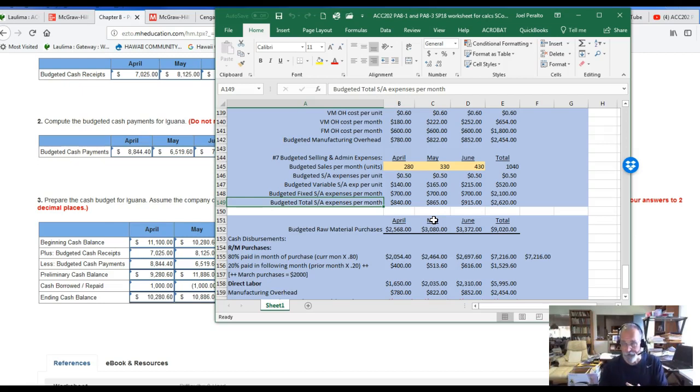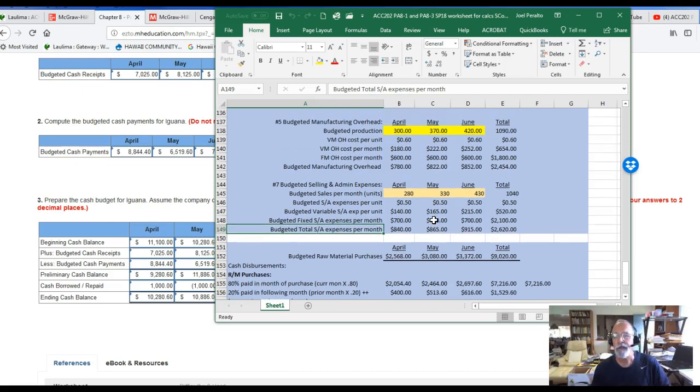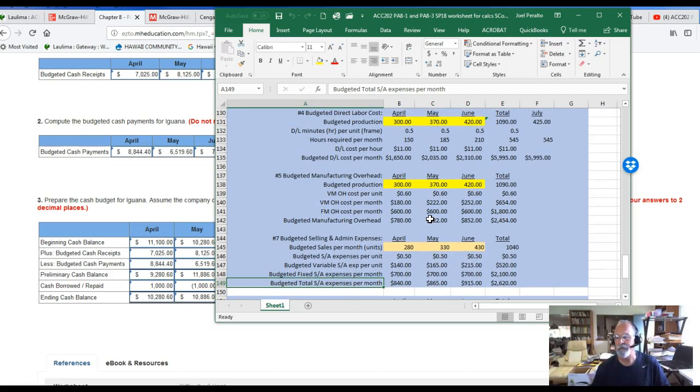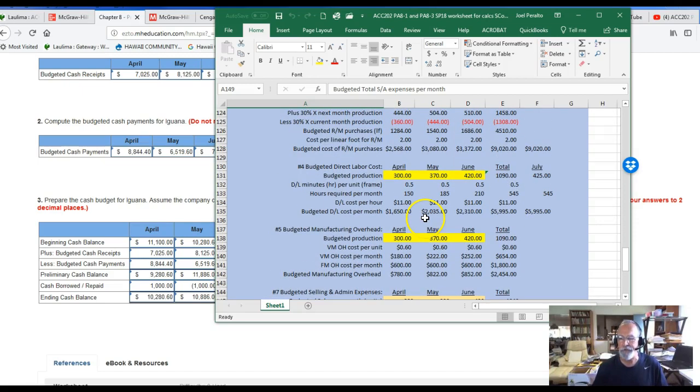Okay, cash receipts are based on projected sales or revenues, whereas cash payments are based on projected expenses and costs. Okay, so I'm not going to go through all of those calculations again, just to save a little bit of time in getting this video updated and processed.